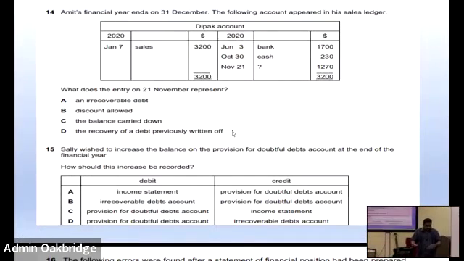Has to be a credit customer. Another way you can make sure is you can see sales here. So when you see sales, confirm this person is a credit customer. What does the entry on 21st November represent? What does it represent?